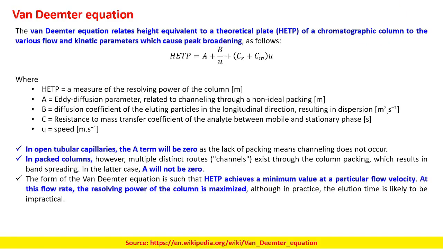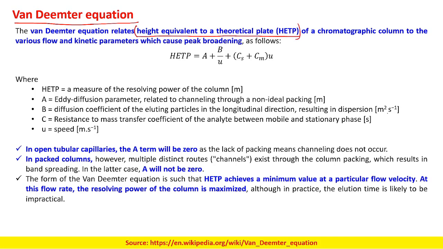So for that we have another analysis which is regarded as the Van Deemter equation. Okay, and it says that the height of the plate, which is also known as the height equivalent to a theoretical plate, HETP, height equivalent to a theoretical plate.